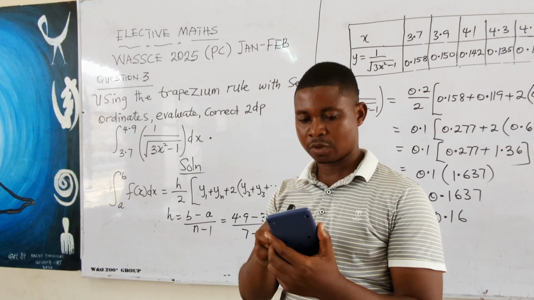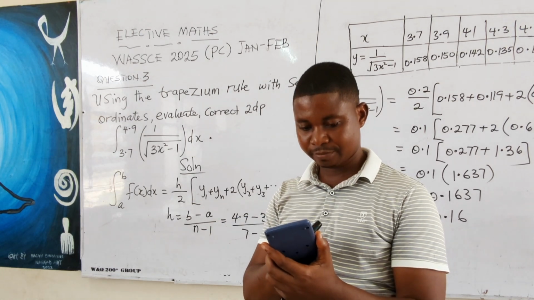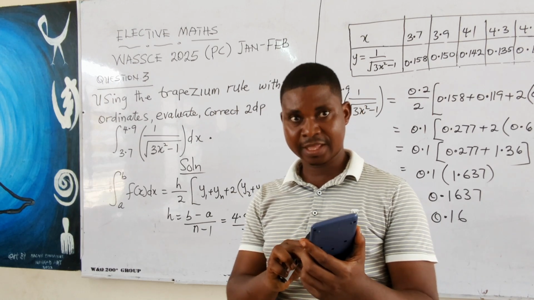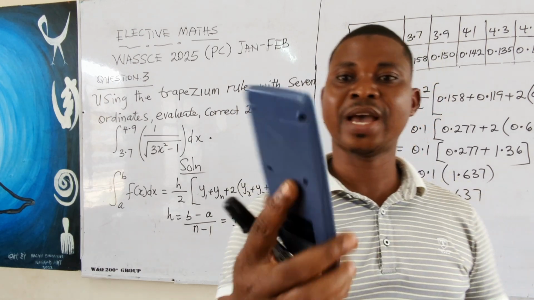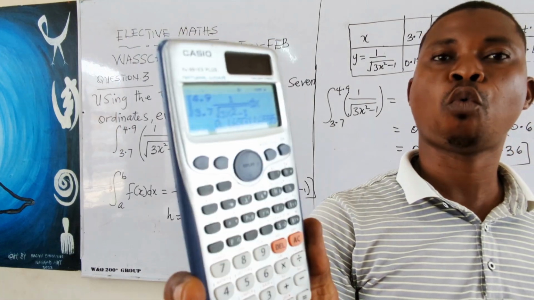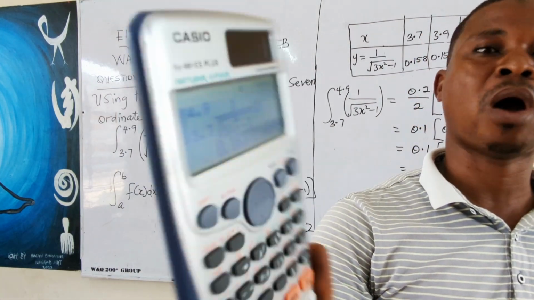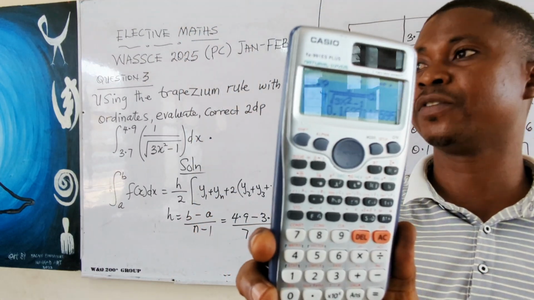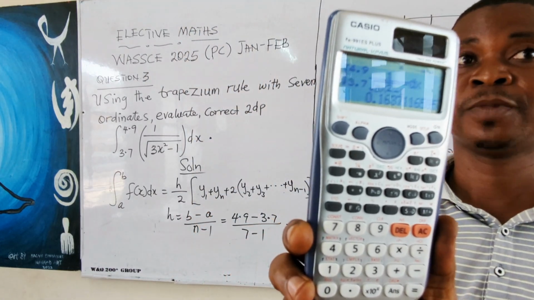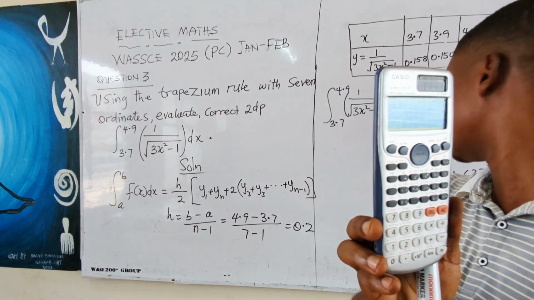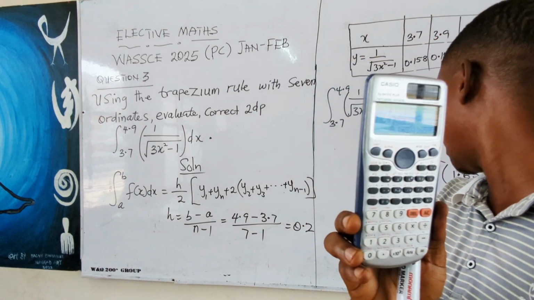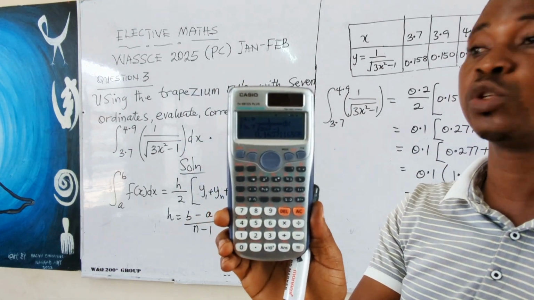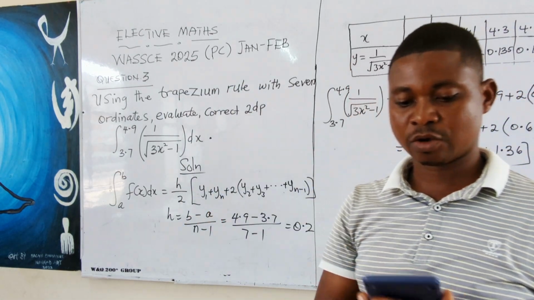Start from 3.7, then you go to 4.9, then equal to. You realize that we are getting 0.163711. So it means that the answer is correct, because this one is solved by using an approximation. We are getting 0.1637, which we approximate to 0.16. So it means that our solution is correct.